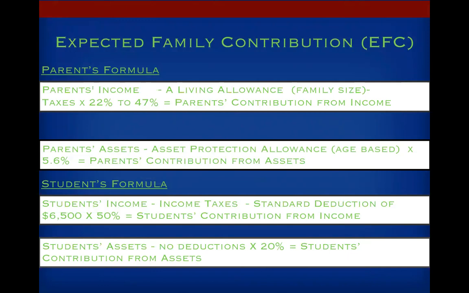Now, if your adjusted gross income is between $50,000 and $200,000, a rough back-of-the-napkin equation is to assume they want you to pay 20%. I know the formula says 22 to 47%, but to explain that would take a very long time, so the easiest thing for me to say is assume 20% of your adjusted gross income.